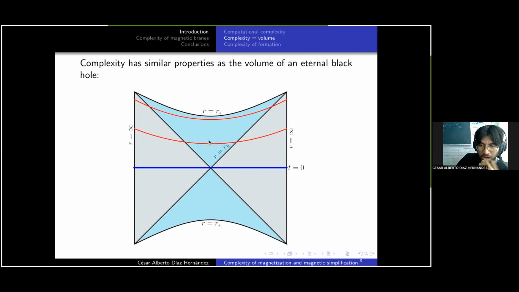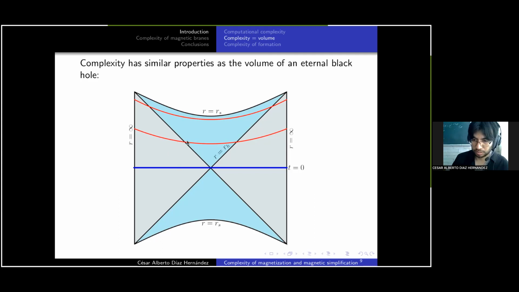Okay, how can we compute the volume of this eternal black hole at a certain time? What we can do is to take a slice, a time-like slice, sorry, a space-like slice, anchored at a certain time at the boundary, and unite our two sides of the black hole, right, with this space-like slice.